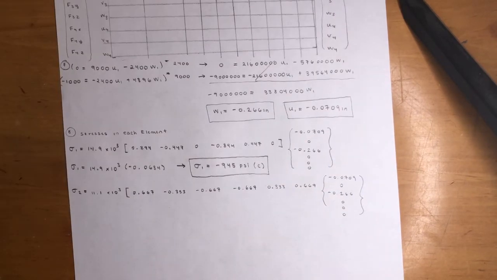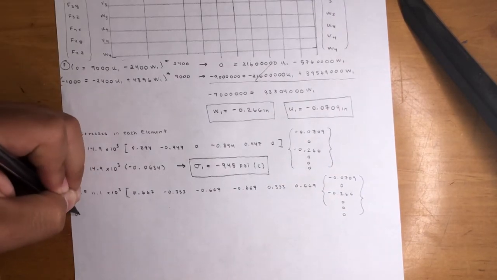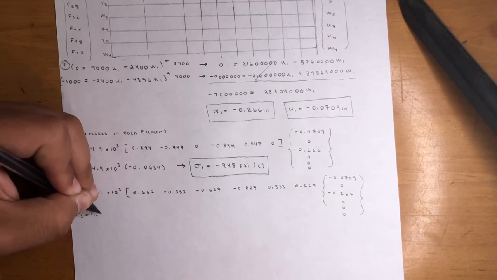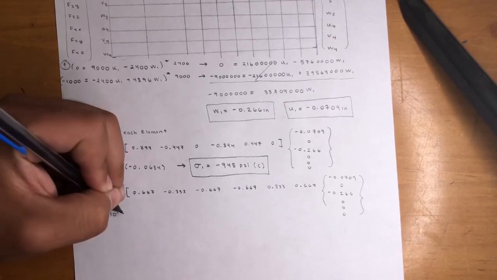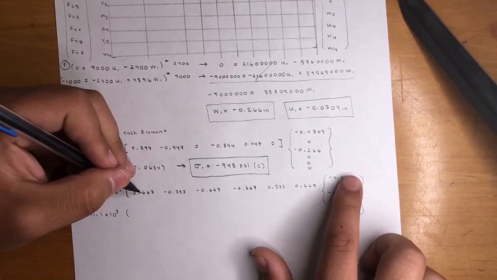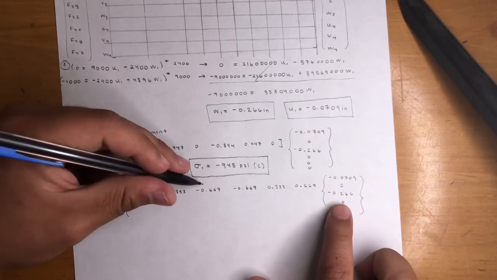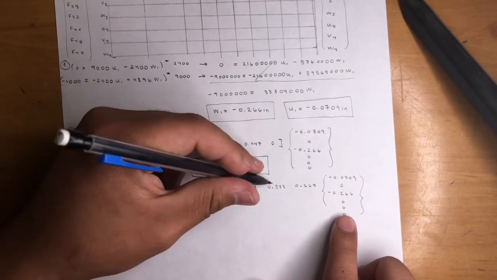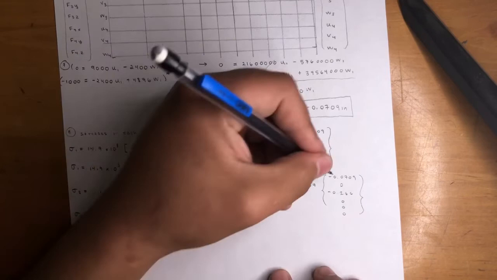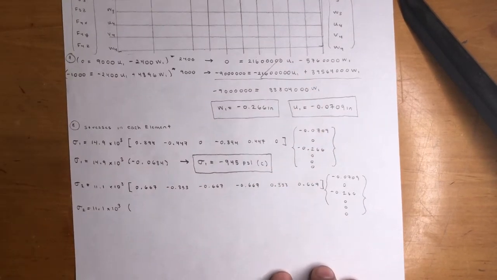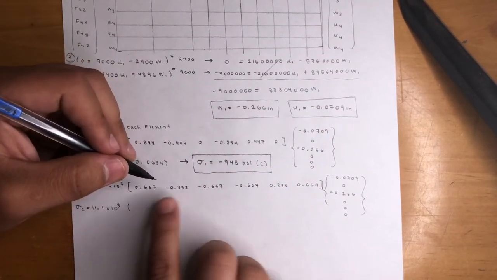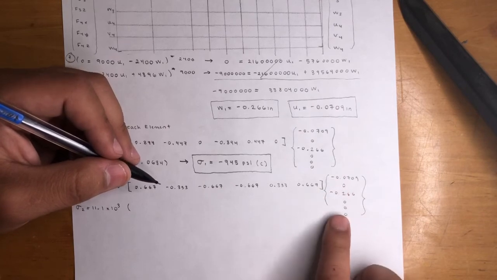All right, now do that math. Sigma 2 is equal to 11.1 times 10 to the third. This number times this, plus this times this, plus this times this, plus this times this, plus this times this, plus this times this. All right, I forgot the bracket. Okay, that means we only care about this one and this one, because, right, the rest are 0.